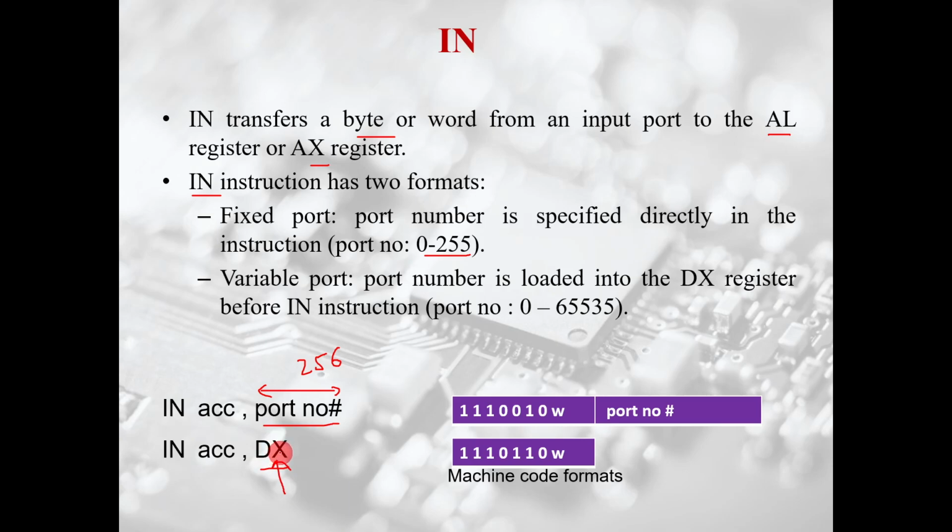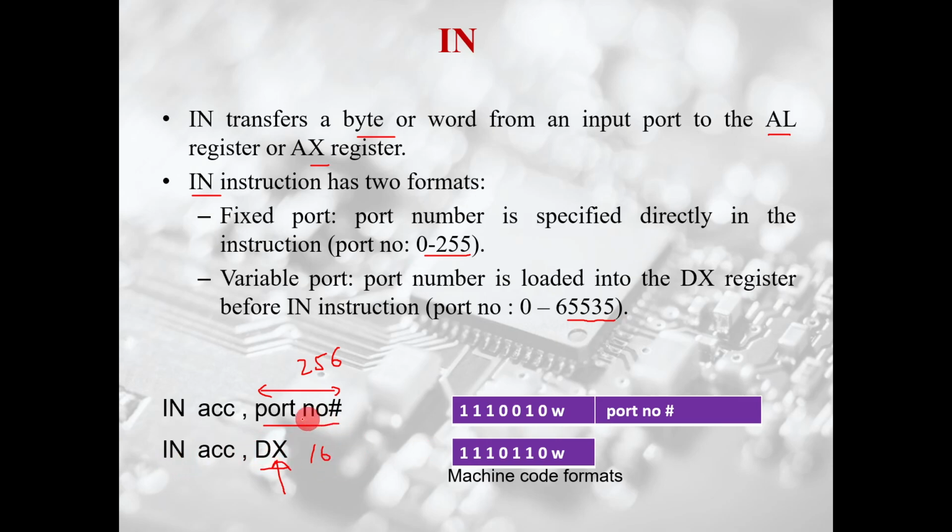DX is a 16-bit register, so 2 to the power of 16 ports can be connected. So this is the total number of ports apart from the memory. Along with the 1 MB memory, these many ports can be connected to the 8086. No other register can be used along with the in command.